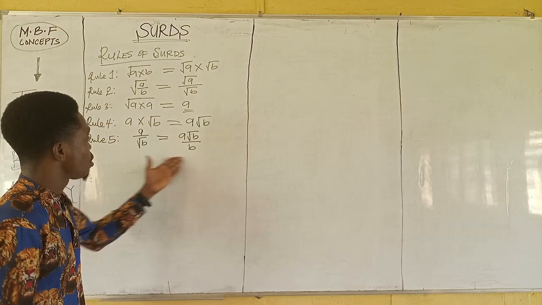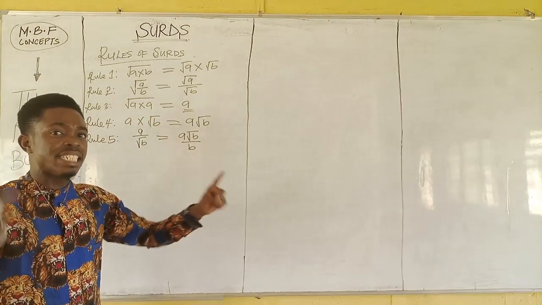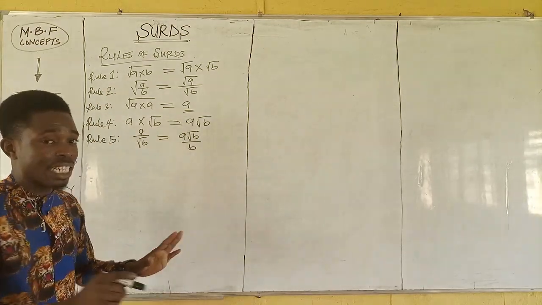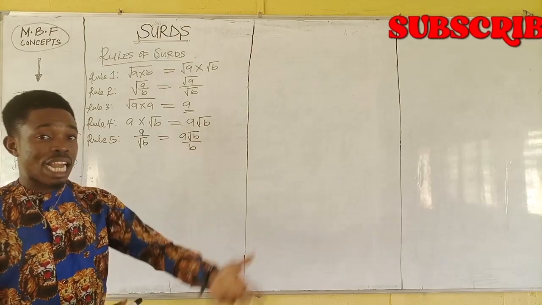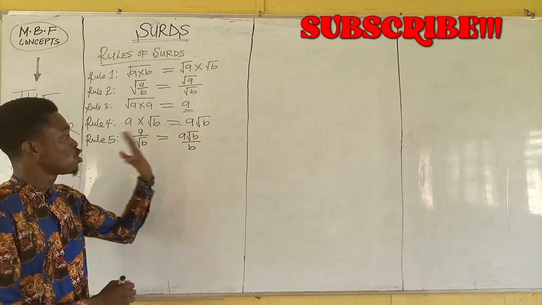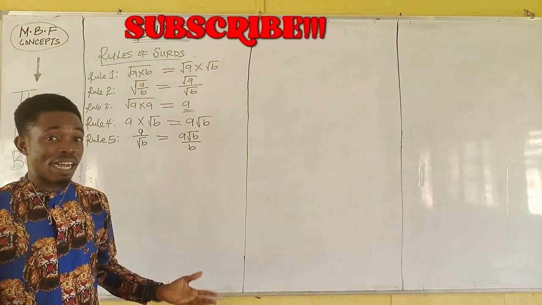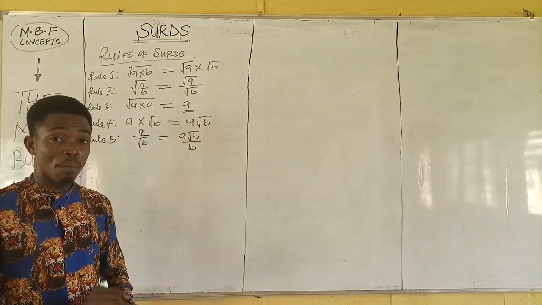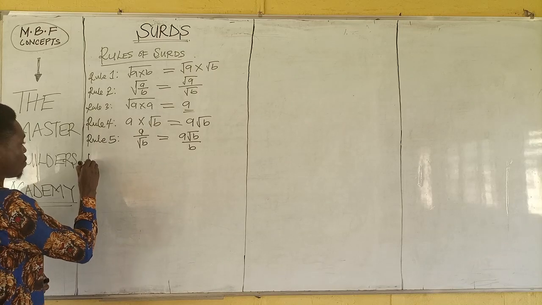But understand that what we do here is rationalization. So when we get to that part, I will explain it in detail. Alright? So first, understand that anytime you have a square root at the denominator, you must rationalize. So the process of rationalizing, all you just need to do is to multiply both the numerator and the denominator with the denominator that you have. Are you there? So when you do that, you are going to have this as the outcome of the whole scenario.